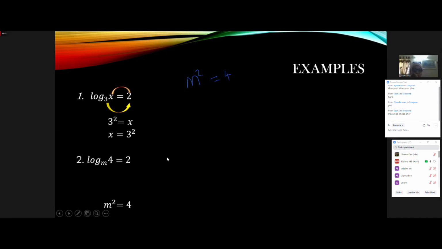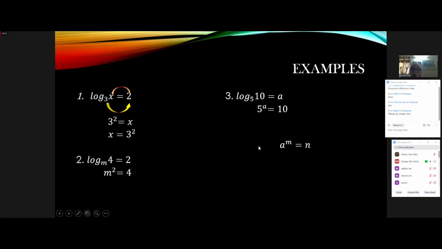Correct, very good. This one? Log base 5 of 10 equals to a. Convert that into index form. 5 power of a equals to 10. Good, very good.